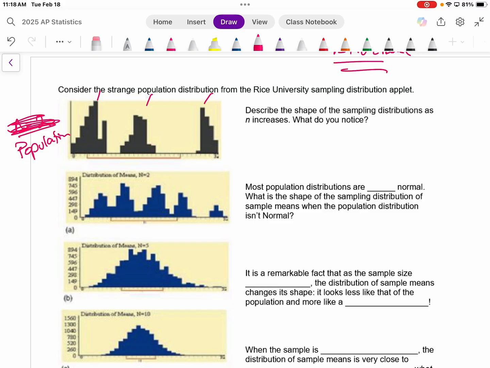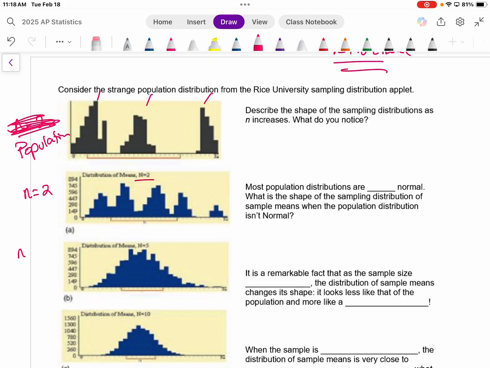Now, in this next picture, they took a random sample of size 2 from the population and created the following sampling distribution with sample size of 2. All right, notice the spread got smaller. We still have a lot of distinct peaks here, but the spread did get smaller.